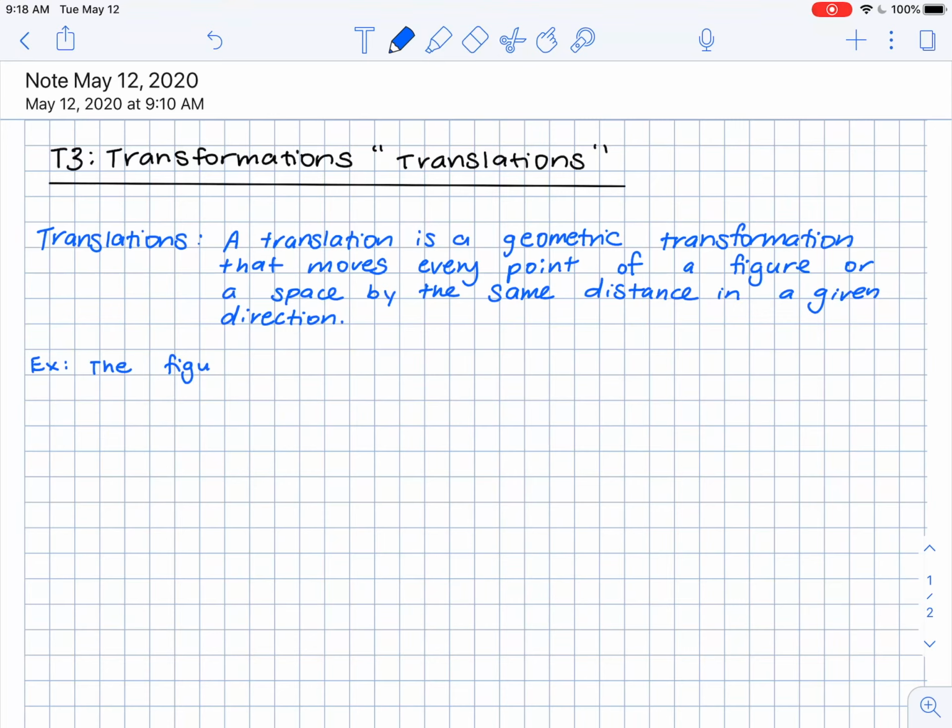The figure translates 3 units to the right and 2 units downward.